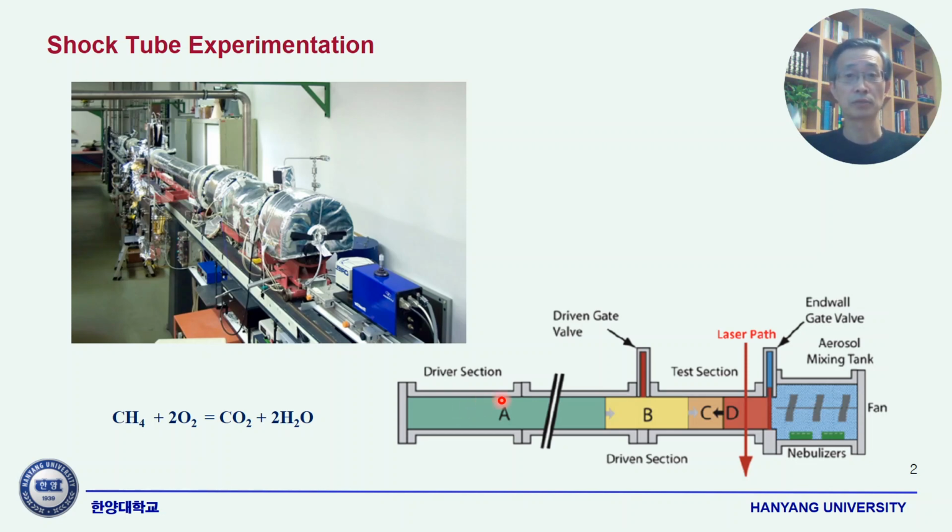This is the long part of the shock tube, and there is a diaphragm at the back. It is pressurized in this part, and then we have some reactant mixture here in the driven section, and then there is a test section.